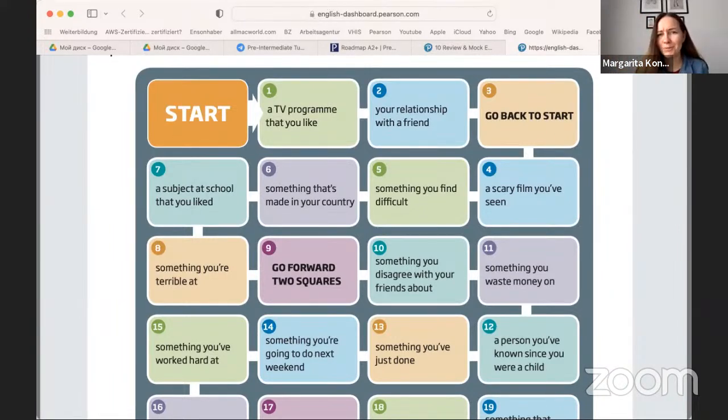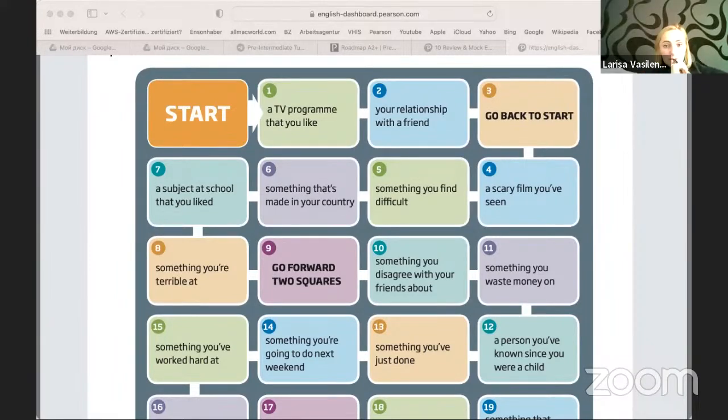What is it called? So we take it and we walk. What do we call it in English? Yeah. It's called a counter. A counter, yes, because it counts our steps.